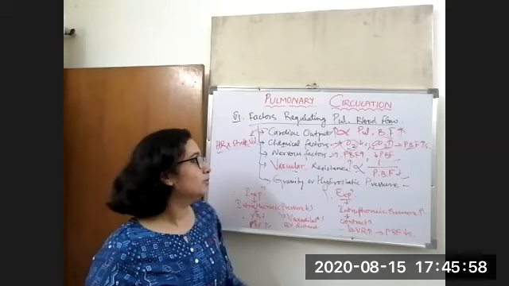So what will happen is that whenever the arterial pressure decreases and the capillary pressure increases, this causes the alveoli to collapse. The alveoli will collapse.